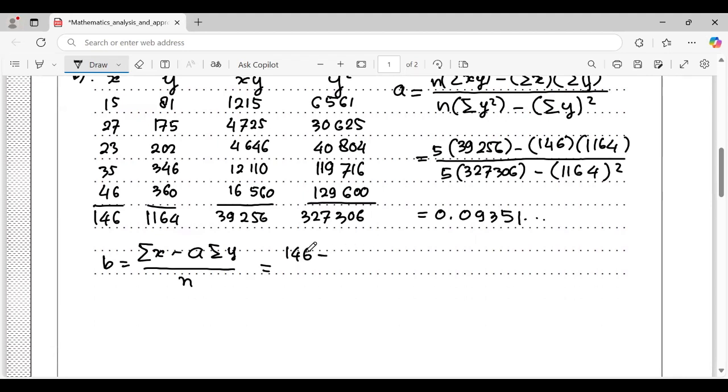A is 0.0935 times sigma y, 1,164, divided by 5, because n equals 5. And the result is 7.4262. Round off, 7.43.